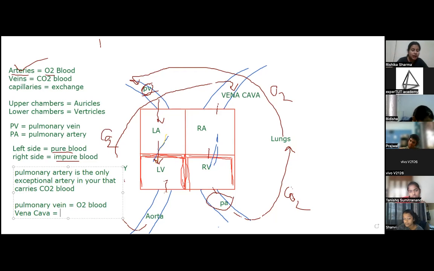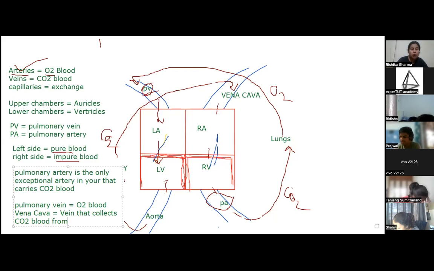Okay, so vena cava is the vein that collects carbon dioxide containing blood from all parts of the body and brings it to heart. Is it clear?